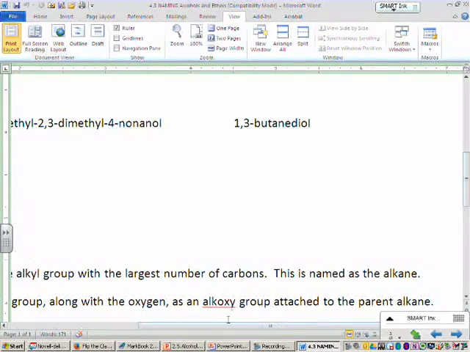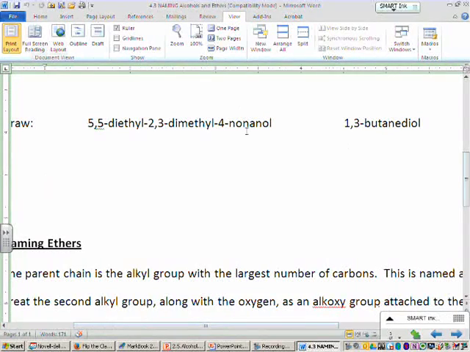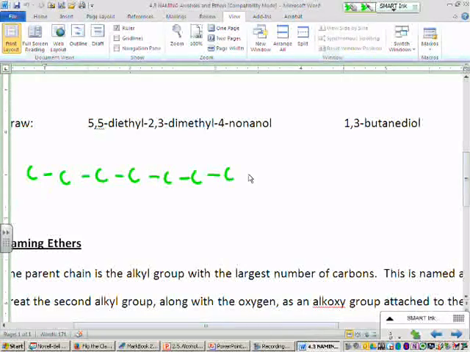So let's clear and let's take a look at some drawing. All right? So again, drawing is easier. We've already seen drawing. Start with the N and work your way on from there. So I have a nonanol. That's very long, but let's do it anyway. 1, 2, 3, 4, 5, 6, 7, 8, 9.